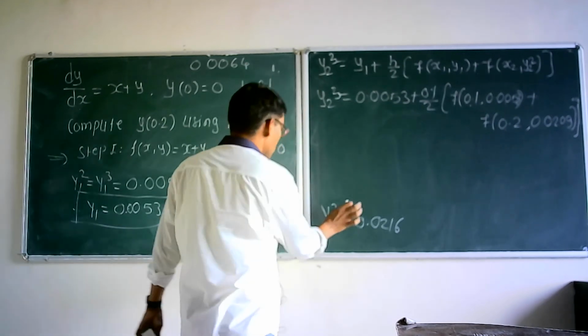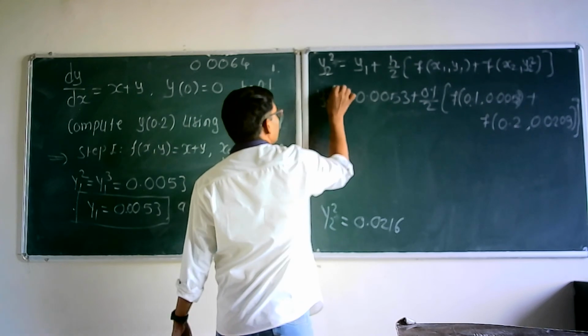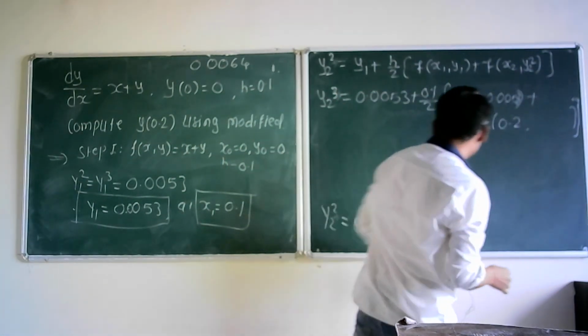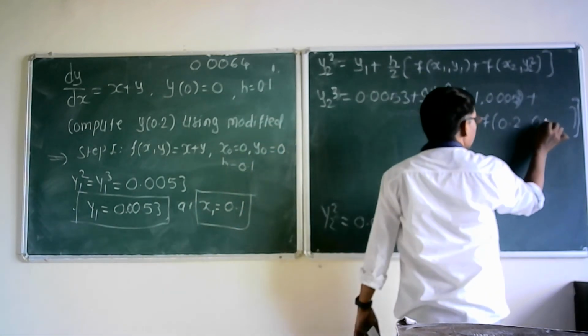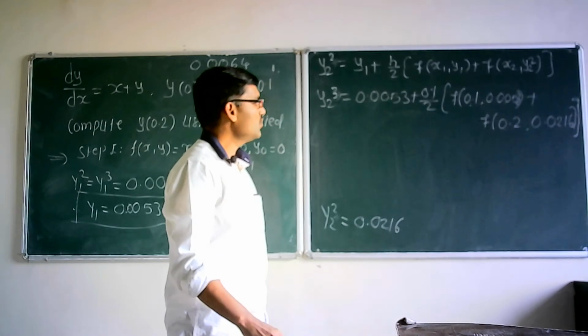So this is y22. We are going to find y23. So here y22. What is y22? y22 is equal to 0.0216.